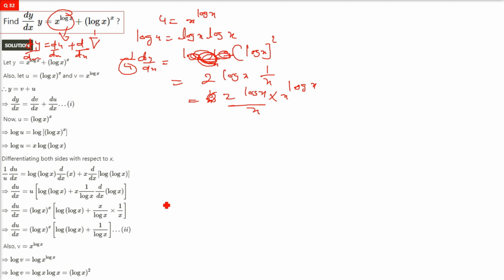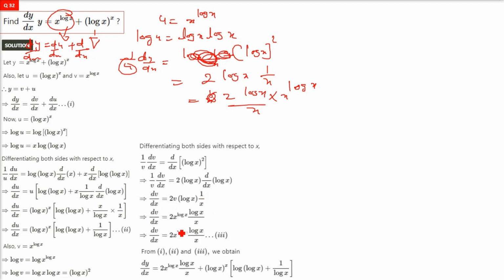The second part is this, log x to the power x. And this is the first part I am showing you. Then we have the second part. I am changing the color. So v is actually log x to the power x. So log v will be x log of log x.